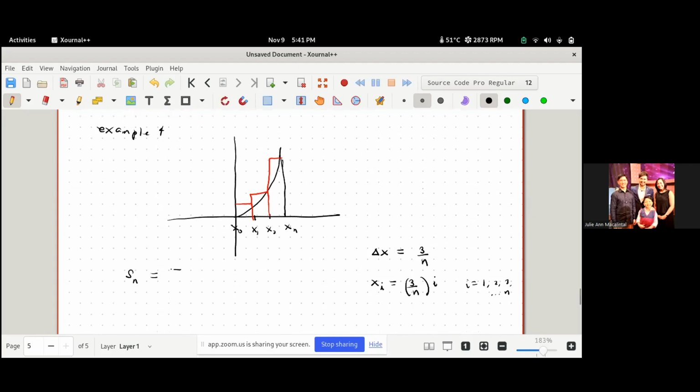So, yung area would be the sum from i equals 1 to n of (3 over n times i) squared times 3 over n.